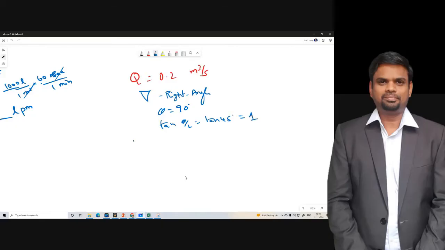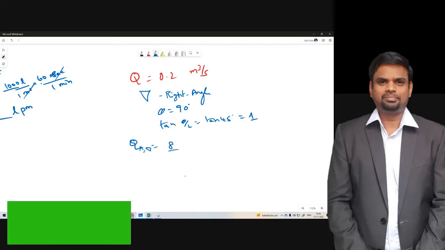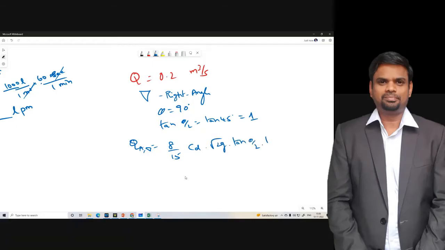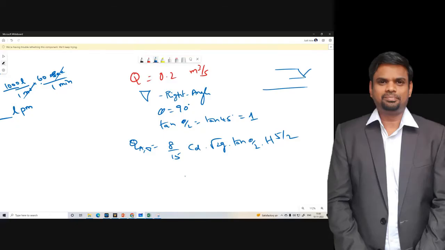So we know the formula, Q actual is equal to 8 by 15 Cd into square root of 2g tan theta by 2 into H power 5 by 2. In this problem the question is not just H. Obviously we will find H using this formula, but also it is asked what the apex height is, because it is a V notch, right?